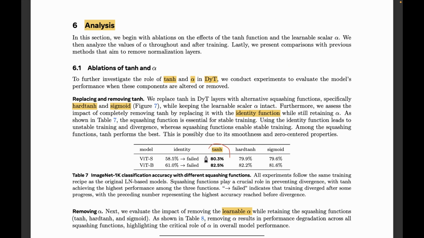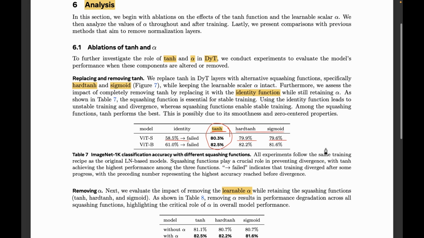For example, in a vision transformer small, the tanh function leads to an accuracy of 80.3, but that cannot be matched by the identity function, hard tanh, or the sigmoid function, indicating the significance of using tanh instead of any other nonlinearity function.